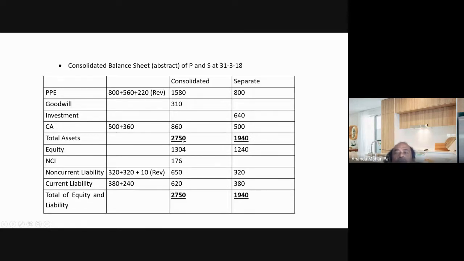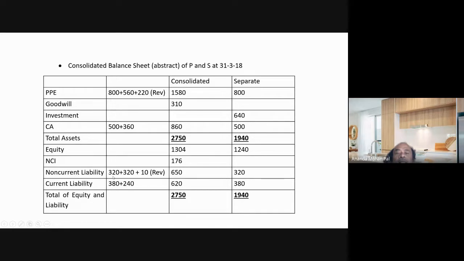Book values total, simple. Then total asset you put 2750, 1940. Equity, here also we are not dividing it, putting total equity. 1304 we have found for consolidated, and for separate 1240, that is parent's own part only. Non-controlling interest 176, you computed that because it is 160 plus 16, 176.